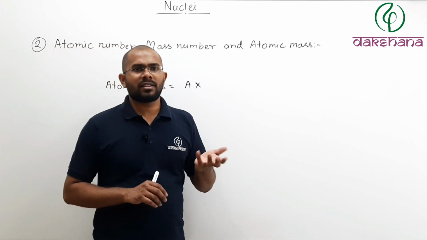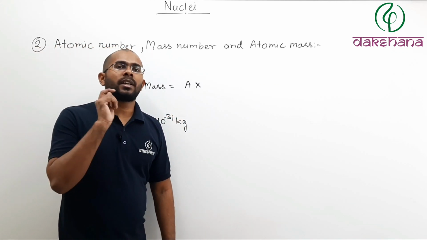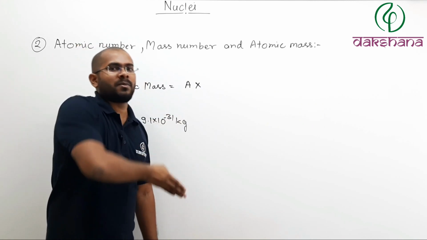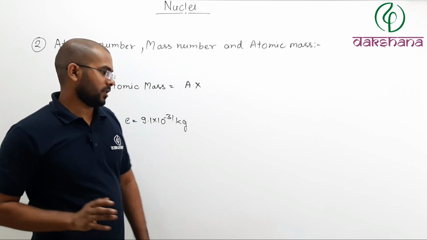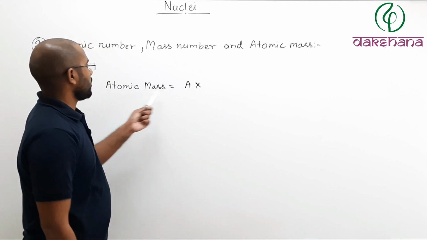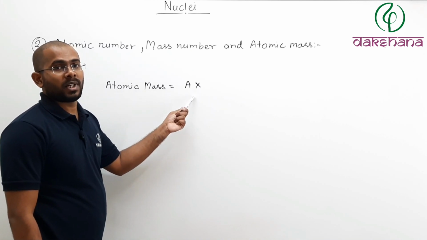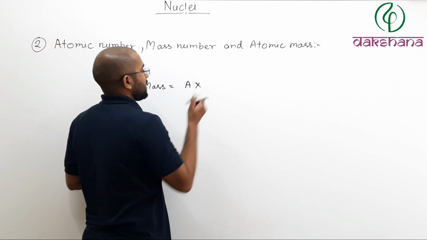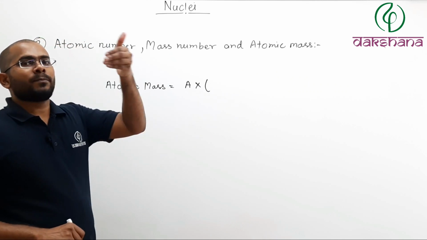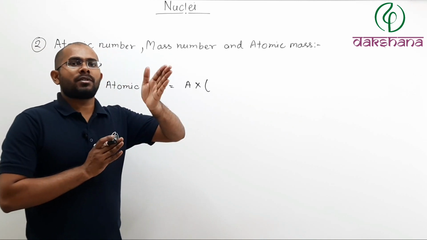In nuclear physics, we generally ignore the mass of electrons because it is 10 to the power 4 times smaller than the mass of protons and neutrons. So, atomic mass you can take as the number of nucleons, protons plus neutrons, that is, mass number multiplied by 1 atomic mass unit or the mass of a proton. For now you can take both as the same.